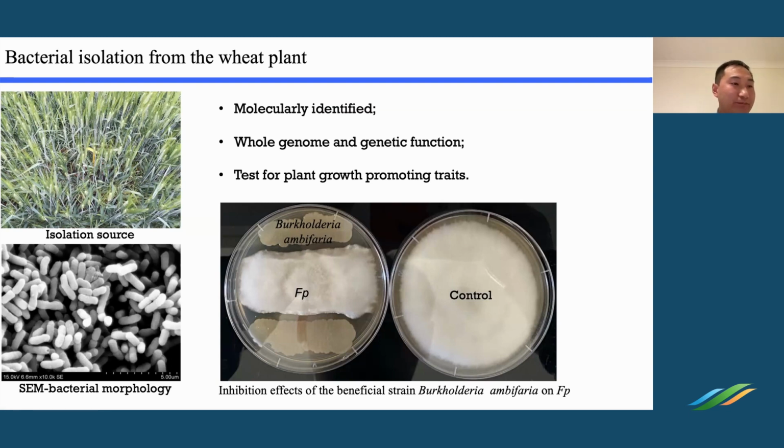we isolated multiple bacteria from the wheat, and one of which could significantly inhibit the pathogen Fusarium pseudograminearum. We identified the beneficial bacterium using whole genome sequencing and 16S rRNA sequencing.